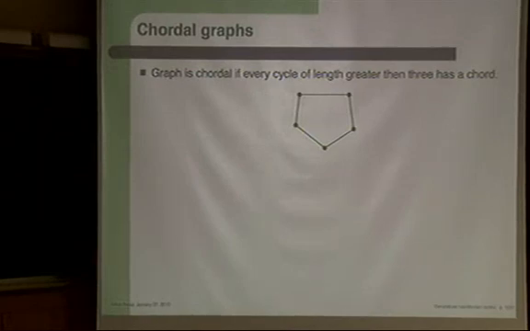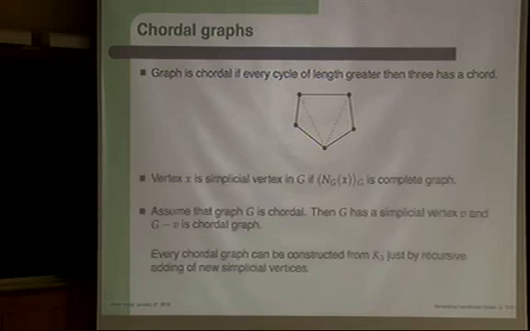If you have, let's say, a 5-cycle, then there must be these 2 edges, otherwise you would have a big cycle. So this graph with these 2 red edges is chordal now, because there is no C4 which wouldn't have a chord. Now it has. If the graph is chordal, what is a simplicial vertex? A simplicial vertex has a complete neighborhood.